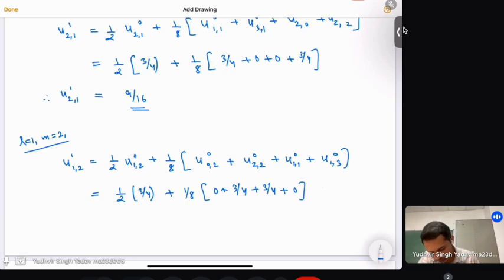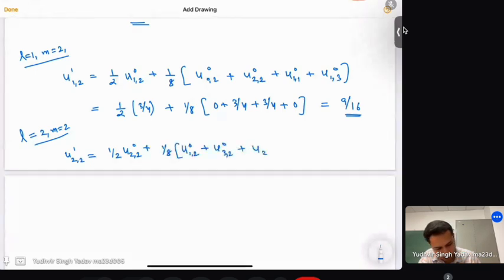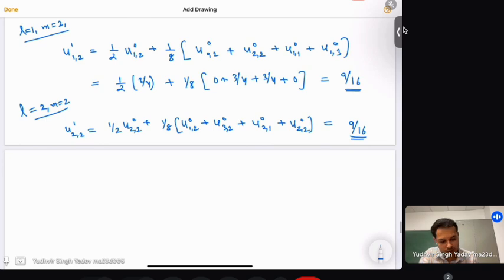And similarly, when we take l equals 2 and m equals 2, we will have u(2,2) equals 1/2 u(2,2) plus 1/8 times u(1,2) plus u(3,2) plus u(2,1) plus u(2,3), and after substituting all the values we will get 9 by 16. You can simply verify these calculations.